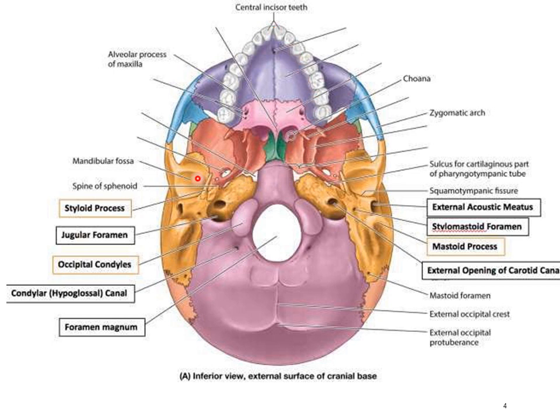The alveolar processes of the right and left maxillae contain the upper teeth and form the superior alveolar arch.